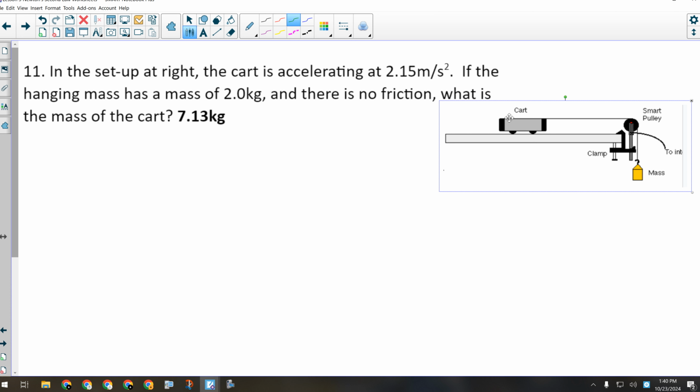So obviously, as we move mass from the cart to the pulley, the acceleration of the system is going to go up because there'll be more force on the same mass. And that's what we're going to try and graph.